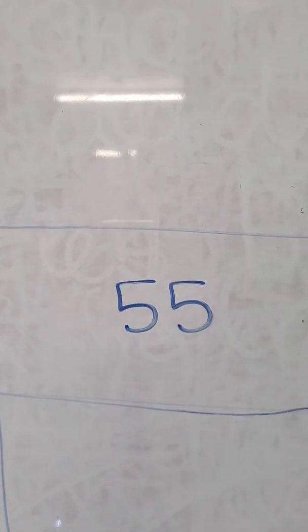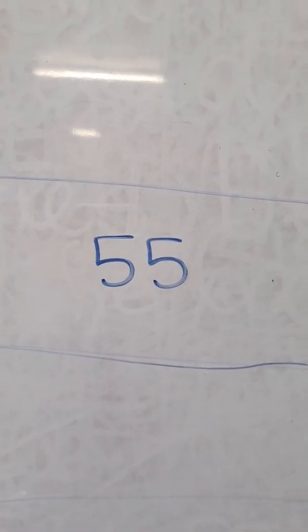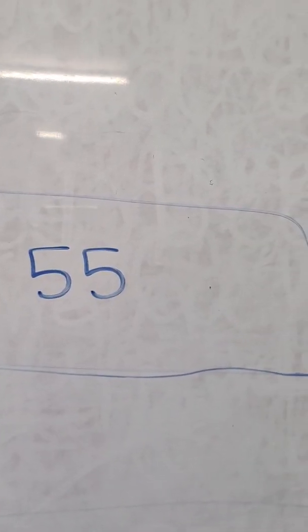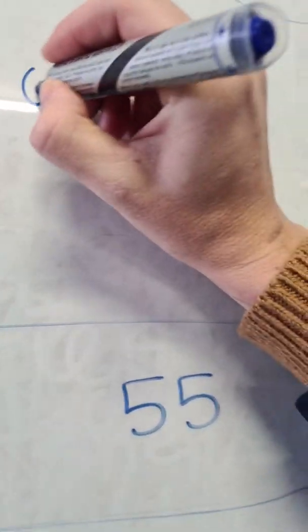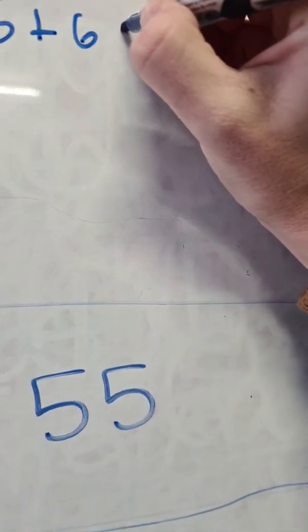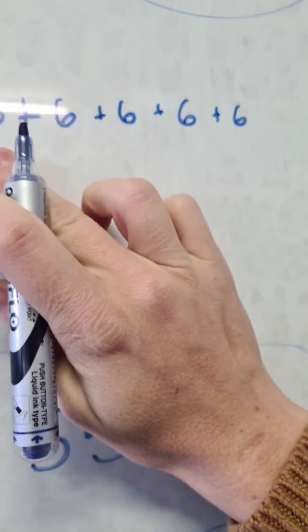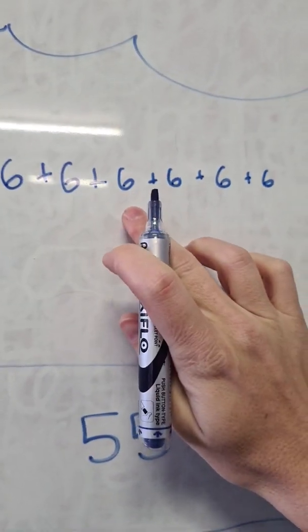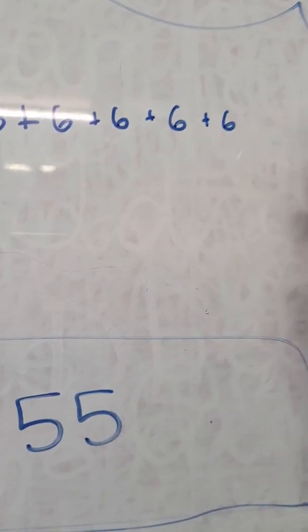So 55, we know that 55 can't go into 6. There's no times table that equals 55. So if you want to do it the way that you make super short, it is a bit longer, but it can help you. 6 plus 6 plus 6 plus 6, and you keep going and you keep saying 6 plus 6 is 12, 12 plus 6 is 18, 18 plus 6 is 24, 30, 36.